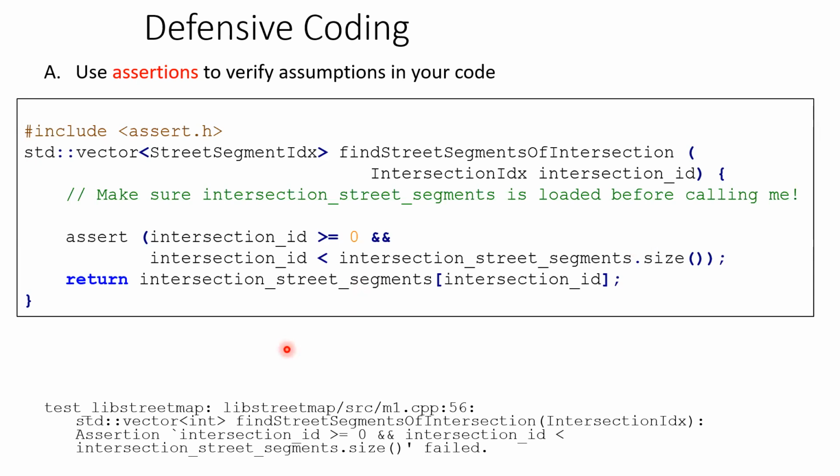If the assertion fails, it will tell you during runtime, and it will stop right there. If whatever inside here is false, the assert will end the program immediately and tell you where the assertion is.